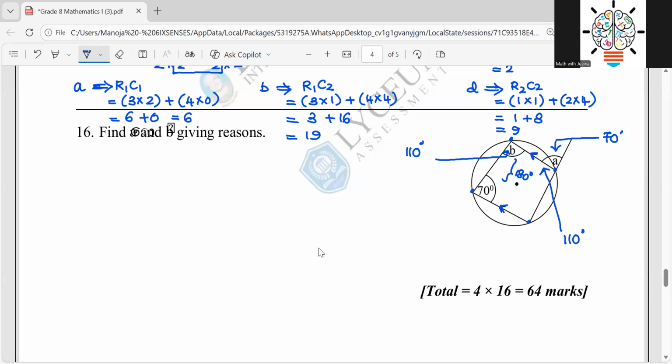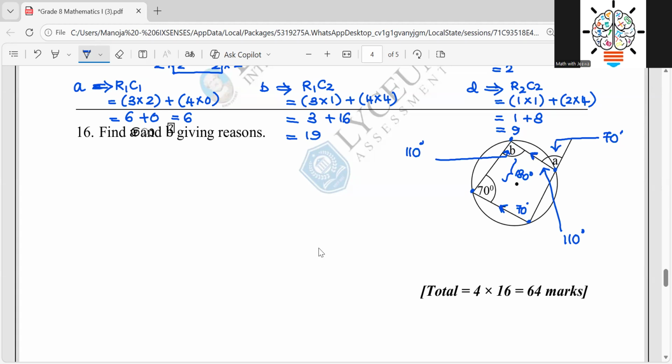So then the B should be 110, right? So then you can find that if that is 110, this should be 70. We'll see whether we get 360 or not. You can always double check how it works. 110, 110, you have 70 and 70. Here it adds up to 360, right?